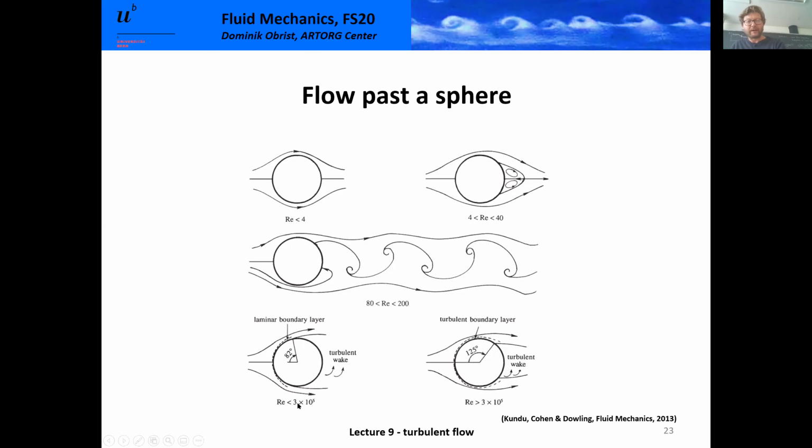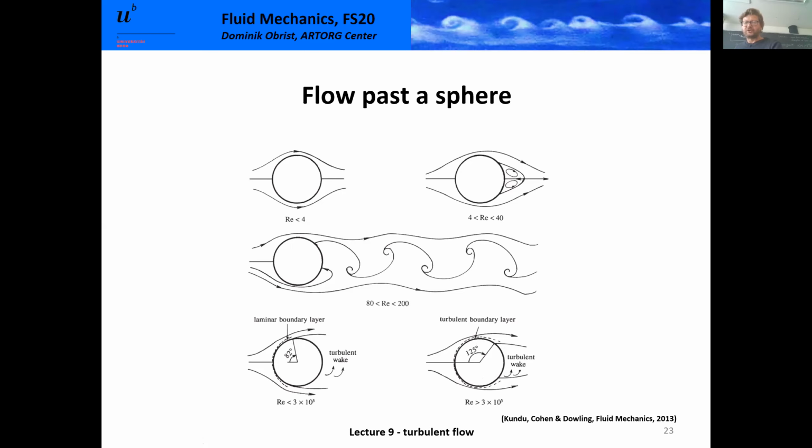Only when you go to a Reynolds number of 100,000 and so on, you obtain a turbulent wake, like what I drew on the board. And you have a turbulent wake if you go even higher with the Reynolds number, beyond 300,000. The only thing that changed between this picture and this picture is that the boundary layer transitioned from laminar to turbulent.